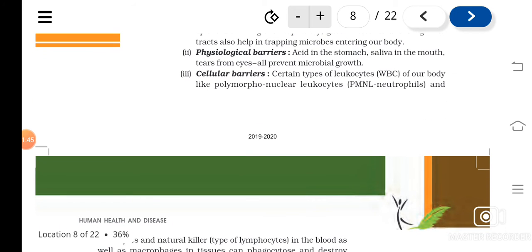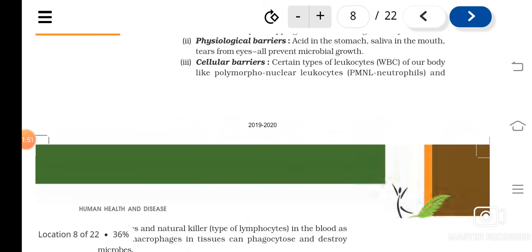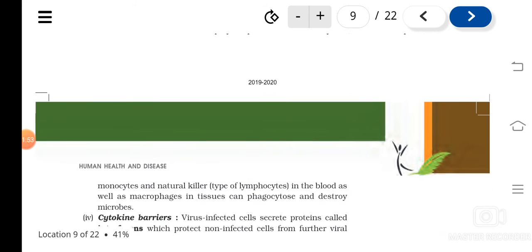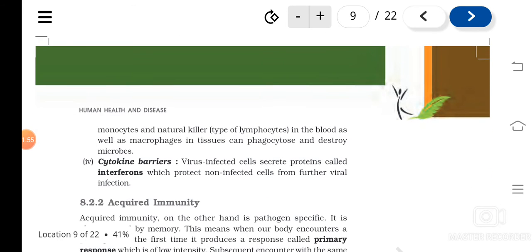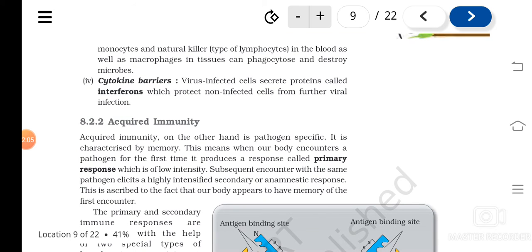Cellular barriers means WBCs, different cells of WBCs which help in giving immunity. Then cytokine barriers. There is one example: viral infected cells produce interferons, isn't it? So all this we have studied.